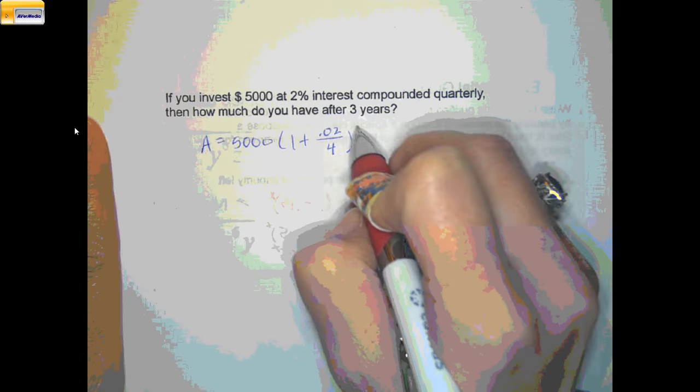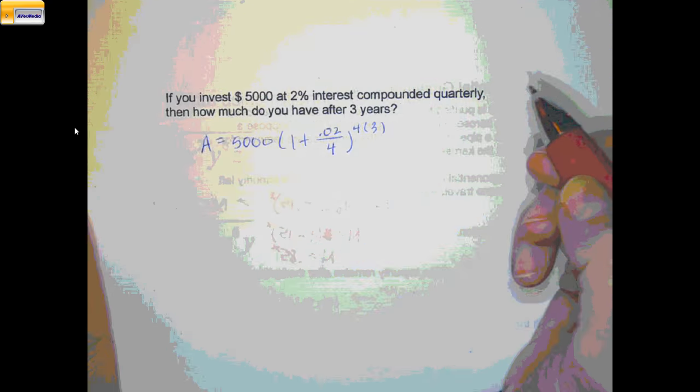How many times is it compounded in a year? 4 times, quarterly. To the nt, so 4 was n. What's t? 3, because we're going to leave it in there for 3 years. Type all that in your calculator and find out what you get. Be careful about your parentheses, especially if you're on a TI-83.